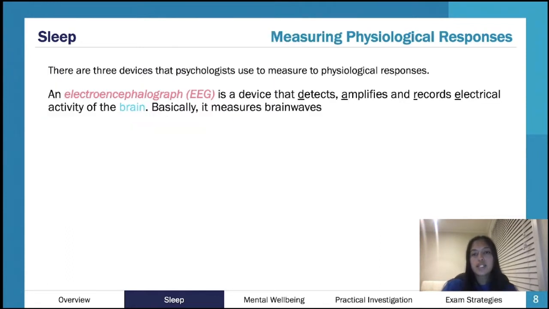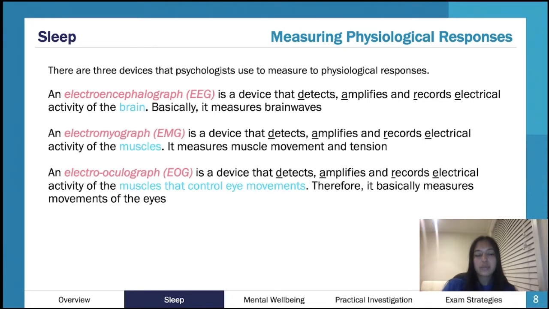Okay, so in terms of measuring sleep, we have this classification of measuring the physiological responses of sleep. Physiological just means relating to the body ultimately. We've got 3 of these devices. The first of these is an EEG. We can see they have quite long names.